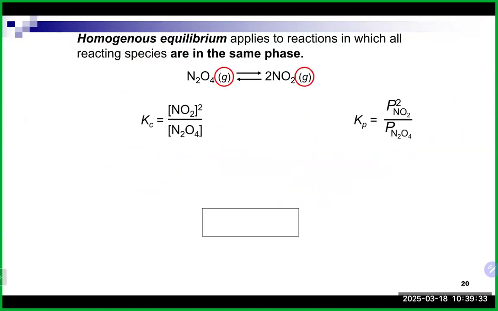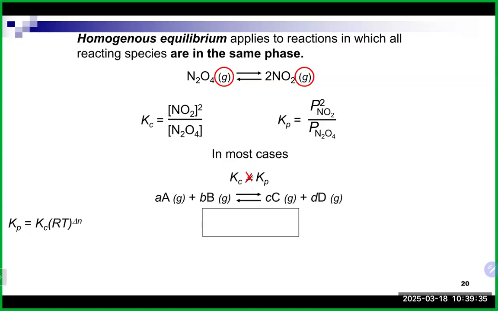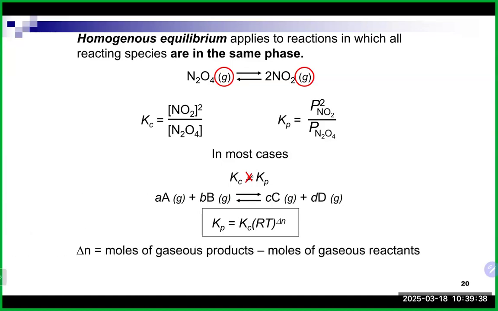Now, when we look at equilibrium, as I mentioned before, you can write an equilibrium expression for a reaction. In a homogeneous equilibrium, homogeneous is like a homogeneous mixture. Everything looks the same. So in a homogeneous equilibrium, everybody's in the same phase.